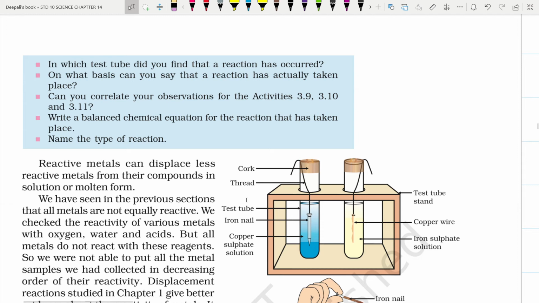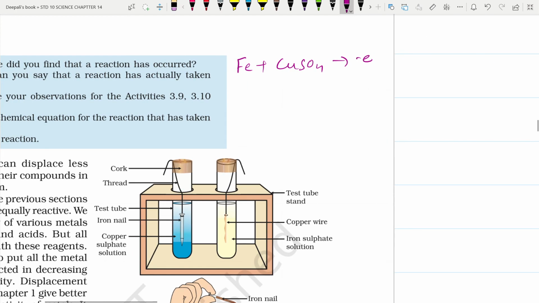That is, the reaction would be Fe plus CuSO4 gives FeSO4 plus Cu. In this reaction, more reactive Fe has displaced less reactive copper.